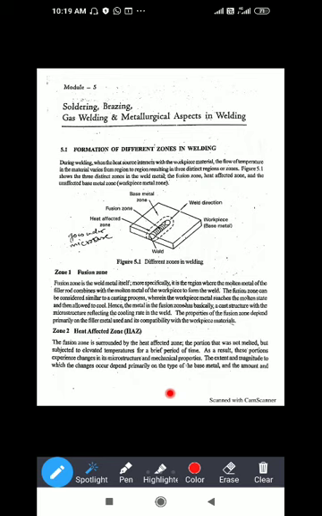As a result, this portion experienced a change in the microstructure and the mechanical properties. The portion was not melted because the temperature is less compared to the fusion zone.